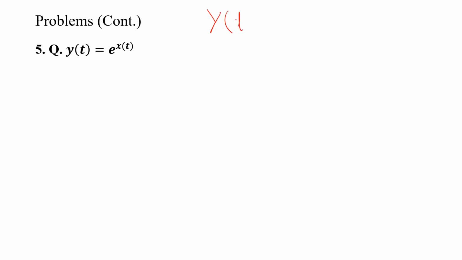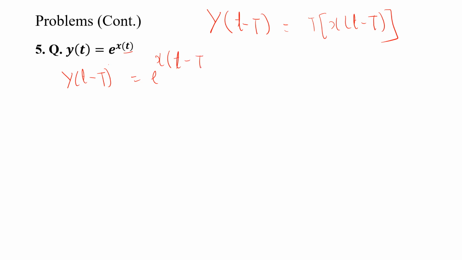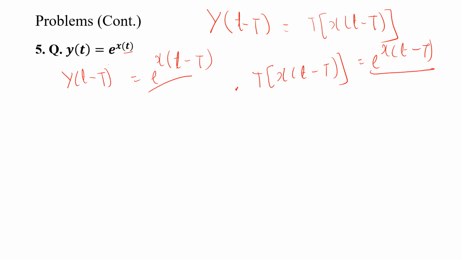According to the theorem, y of t minus T is equal to transformation of x of t minus T. Okay, so y of t minus T is equal to e to the power x of, in place of t put t minus T, so it is x of t minus T. So second, transformation of x of t minus T, what I said, in the x bracket put minus T, so it is x of t minus T. Okay, so both are equal, so it is time invariant.